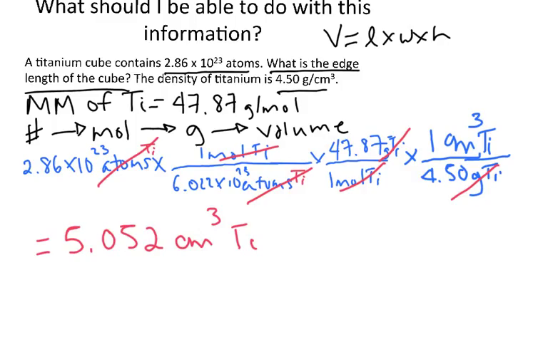So in your calculator, there's not a cubic root function. And so if you take 5.052 and if you raise it to the 1/3 power, that's the same as taking the cubic root.